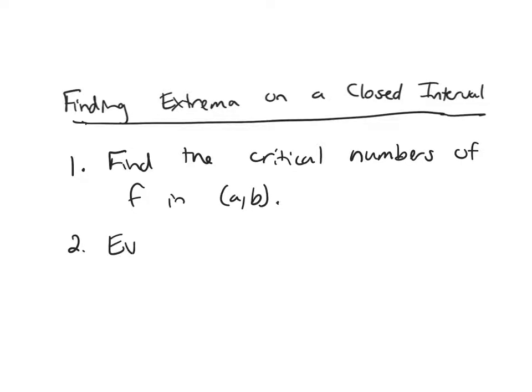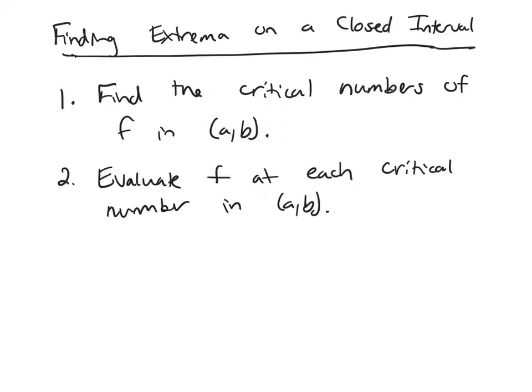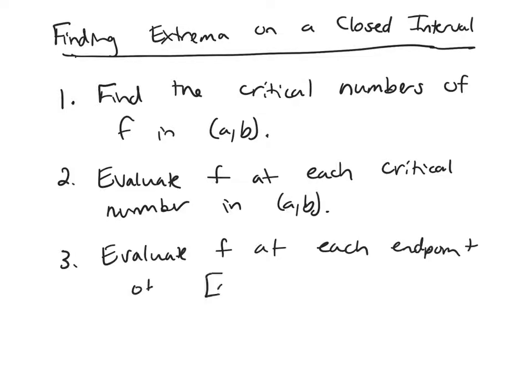Then you need to evaluate your function f at each critical number in the interval a to b. And then you need to evaluate your function at each endpoint of the interval a to b.